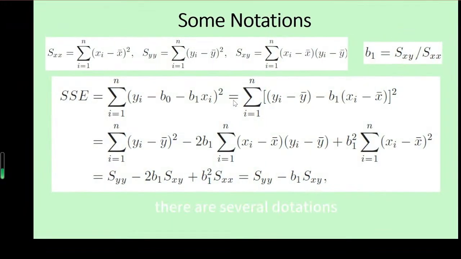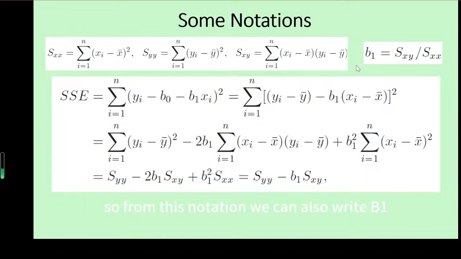There are several very important notations: sxx, syy, and sxy. They are the second moments of x from its mean, of y from its mean, and the cross moment of x from its mean multiplied with y from its mean.